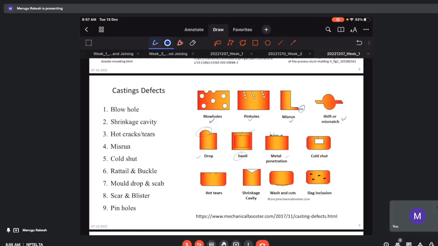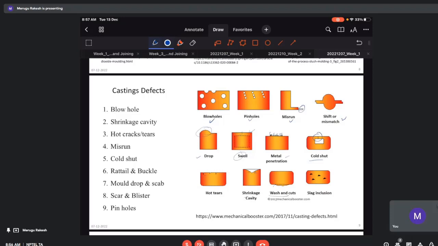Metal penetration due to loose sand, and cold shut, incomplete fusion. Hot tears are due to unyielding supports and not directional cooling of the solid. Shrinkage cavity occurs during the solidification process.